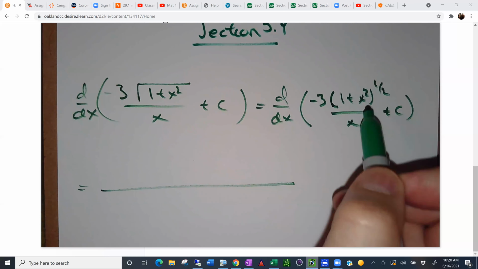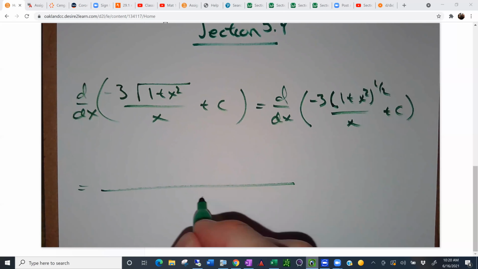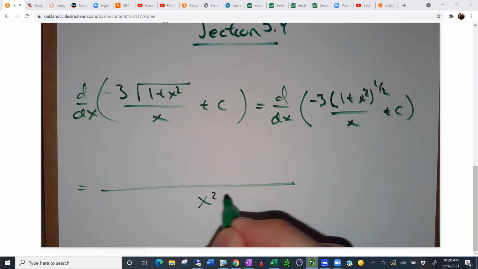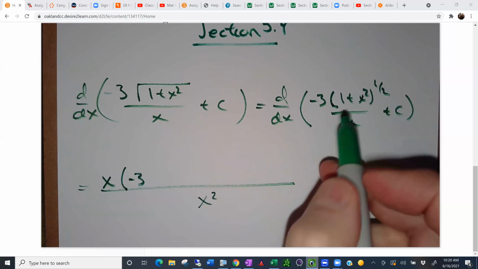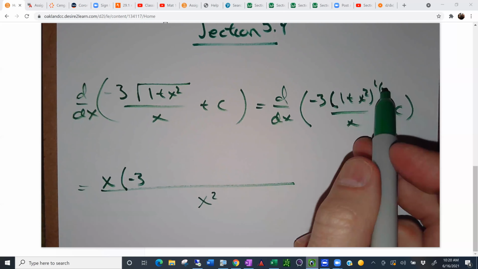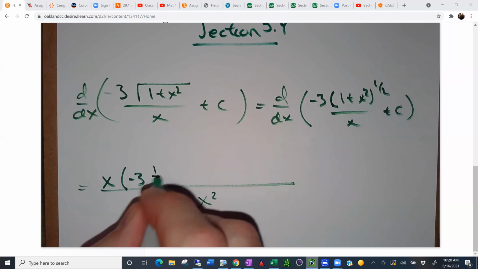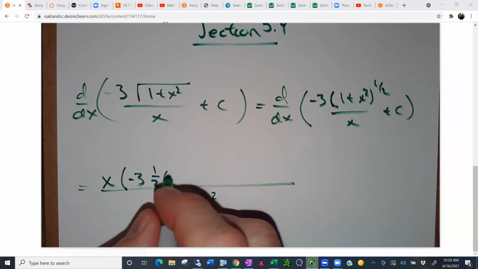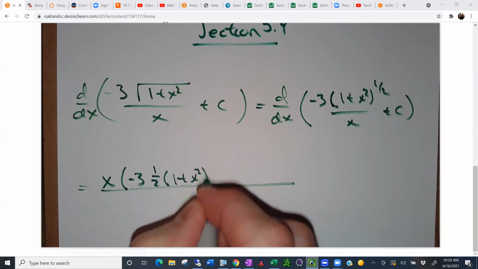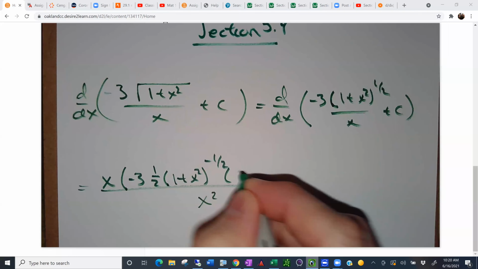So for the quotient rule, you're going to square the denominator, and it's going to be the denominator times the derivative of the numerator, which is going to be -3, and then that's going to come out front, 1/2, times the derivative of the inside, so 1 plus x squared to the -1/2 times the derivative of the inside, which is 2x.